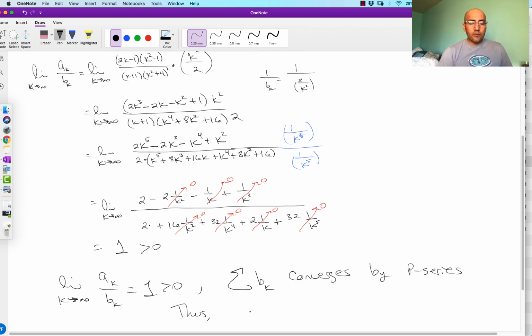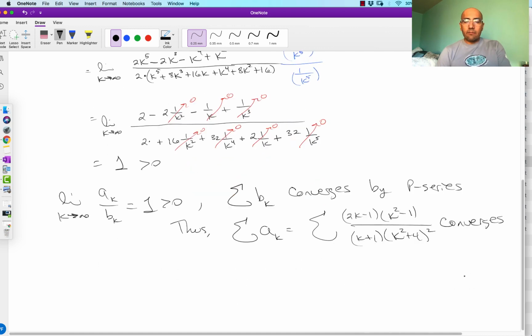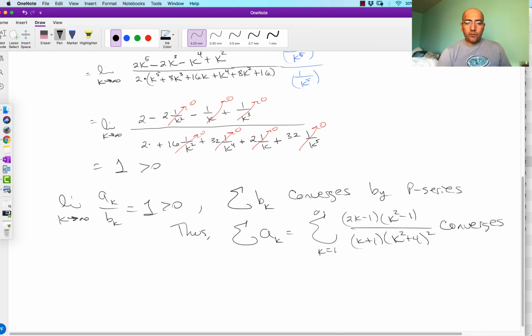Thus, we can conclude by the limit comparison test that the sum of the a sub k's, which was the sequence we're interested in, the sequence of 2k minus 1 times k squared minus 1 divided by k plus 1 times k squared plus 4 squared, as k goes from 1 to infinity, converges by the limit comparison test.